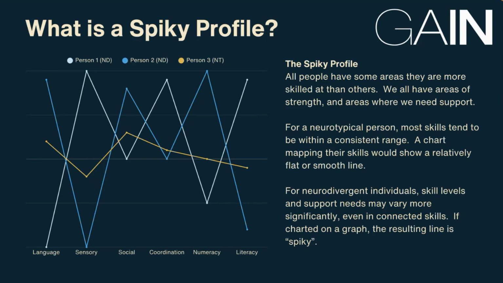A chart mapping their skills would show a flatter line, maybe with some variation, creating some peaks and valleys. For neurodivergent individuals, skill levels and support needs may vary more significantly, even in interconnected skills. If charted on a graph, the resulting line is spiky. So here we can see the blue lines creating a much more spiky profile here, and then this yellow line, a neurotypical person. Some variation, but overall a little bit flatter.